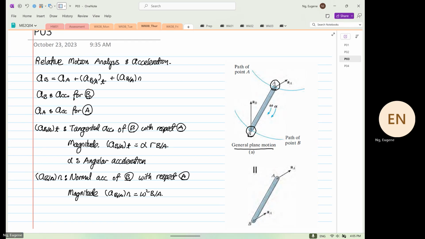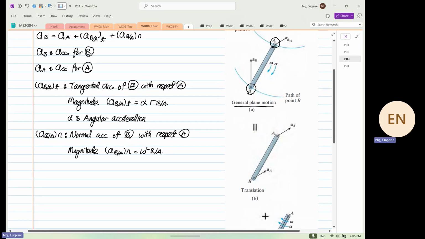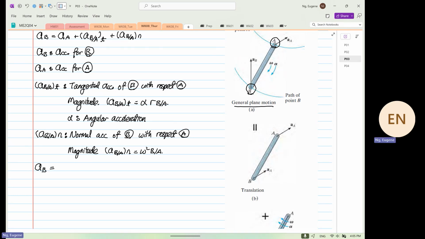So if we were to rewrite the equation earlier, we can write it in this form. The acceleration of point B is equal to the acceleration of point A plus alpha cross R_B over A, minus omega squared R_B over A. As you can see, this is for the what?